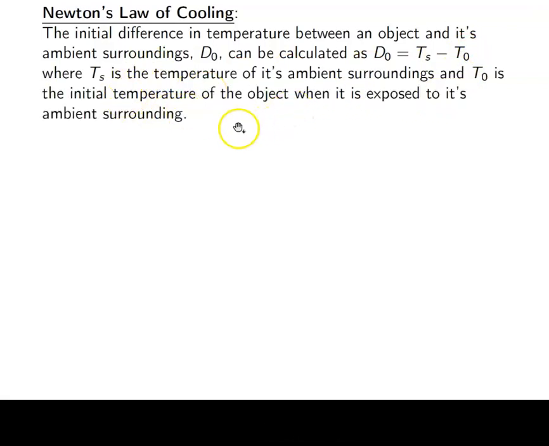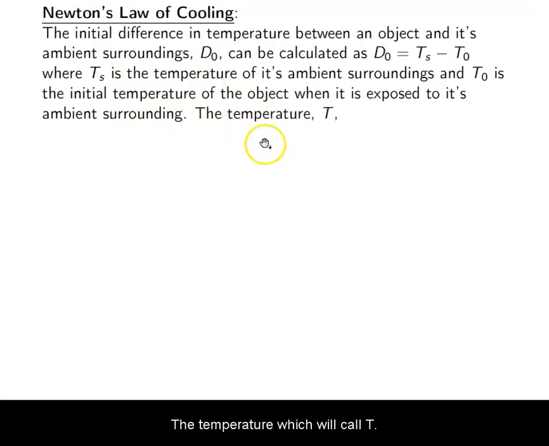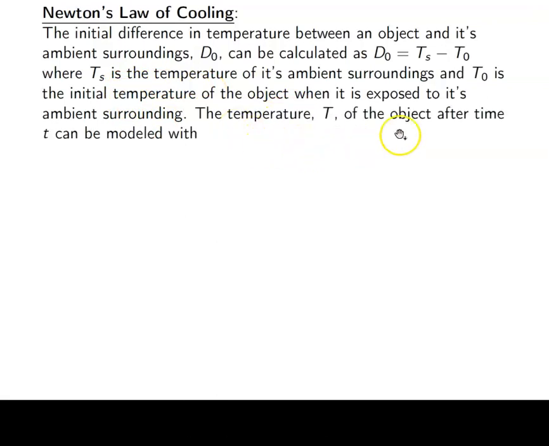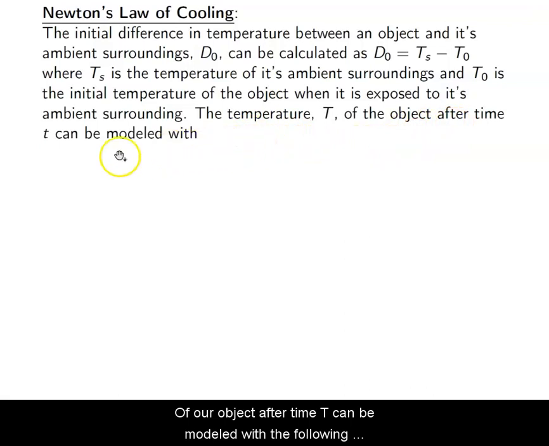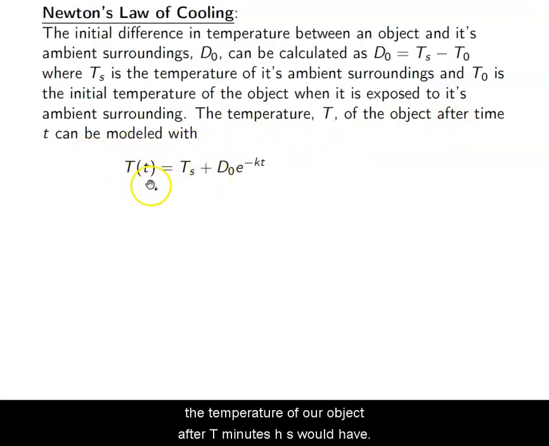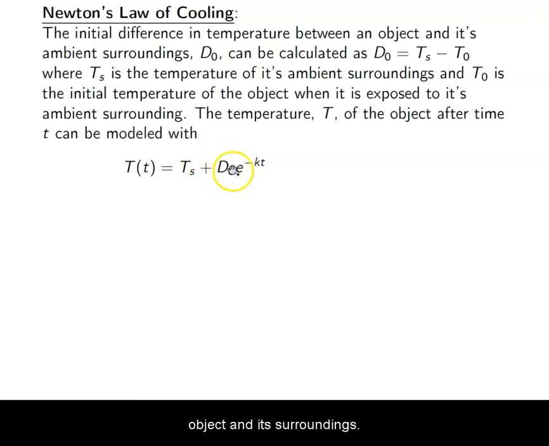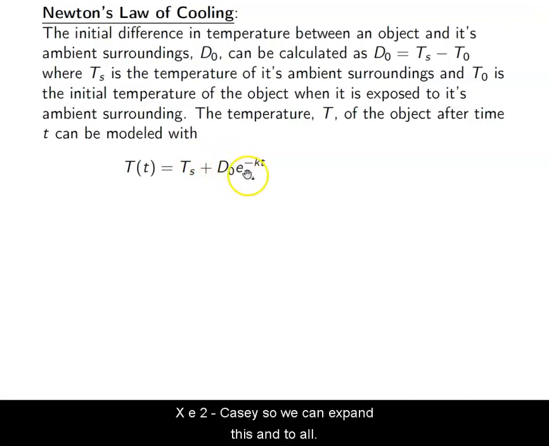So the temperature, which we'll call T, of our object after time t can be modeled with the following. The temperature of our object after t minutes, hours, seconds, what have you, is the ambient temperature, the temperature of your surroundings, plus the difference in temperature between your object and its surroundings times e to the negative kt.